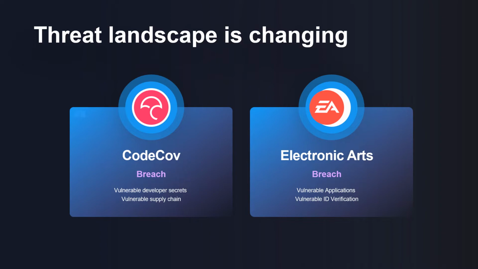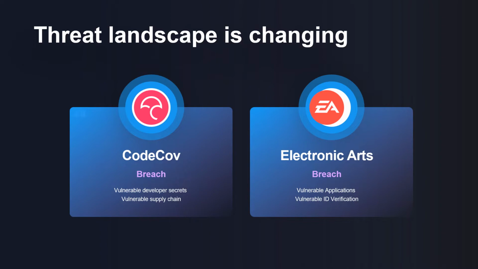With this threat landscape that is changing, we have already seen two examples of modern attack vectors, Codecov and Electronic Arts. In Codecov's case, an attacker targeted their developer workflow and software supply chain. The attacker was not only able to gain access to their Google Cloud storage account, but also to upload a new image into thousands of builds that scan their software supply chain, extracting even more secrets and widening the breach.